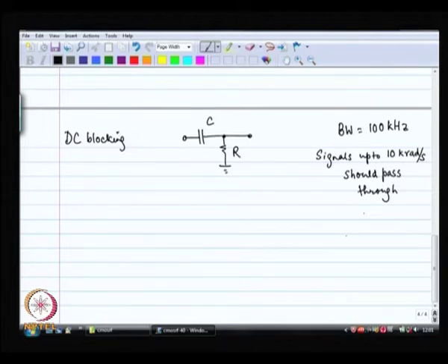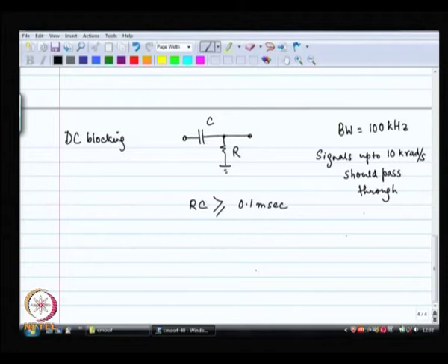Okay, so that means that this RC product has to be greater than or equal to 1 by 10 k, okay, which is 0.1 millisecond.